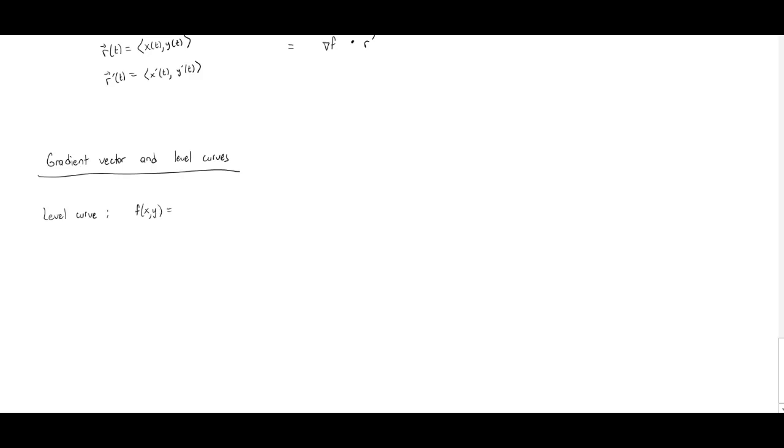A level curve was when you have your function and you set it equal to a constant. And that equation should describe some kind of a curve. Just to be sure we're understanding, I'll make up an example as I go along. Let's say I have a function f of x y. I'm going to do something simple: y minus x squared.